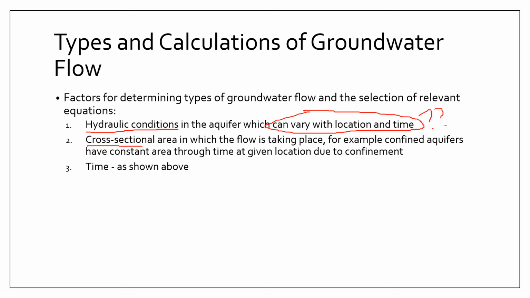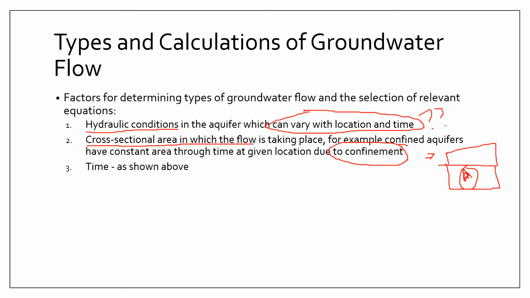You also have your cross-sectional area in the flow. So for example, when you have a confined aquifer, you have confinement, which basically fixes your cross-sectional area. So in a confined aquifer, more or less your cross-sectional area is constant.